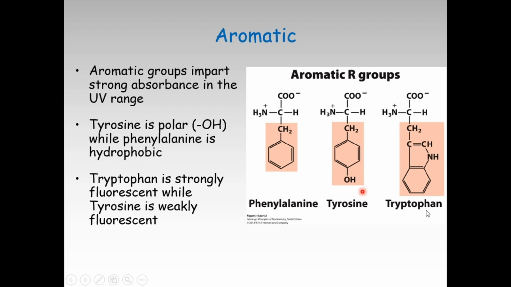Tyrosine can at times poke its head into the polar regions using its hydroxy substituent because this OH can hydrogen bond with water molecules and other polar groups, right? Tryptophan is strongly fluorescent while tyrosine is weakly fluorescent. So tryptophan is the only amino acid in proteins that is fluorescent.